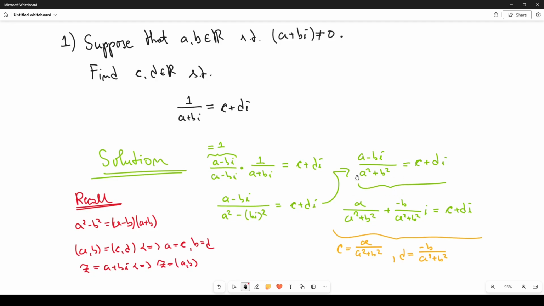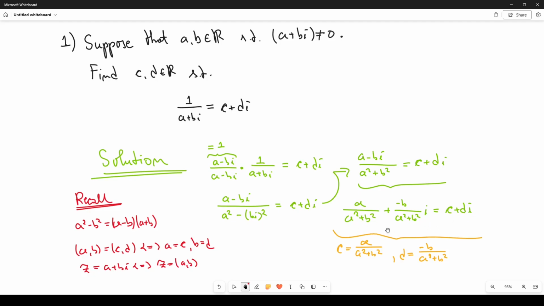And now, since we have a real number down here, we can split the fraction up. So we can write this as a divided by a squared plus b squared plus minus b divided by a squared plus b squared times i. So we have that this is equal to this.